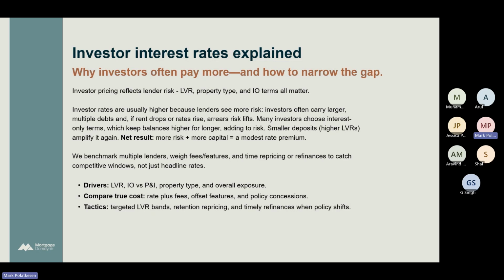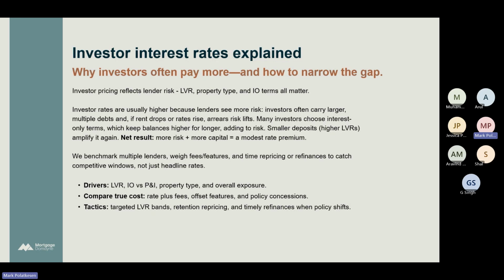Another thing as well is, whilst I spoke about the price discrepancies between home loans, investment loans, and interest-only loans, the banks will always charge you certain rates based on your loan-to-value ratio. So in my experience, a 95% loan is going to be a lot more expensive than a 90% loan. An 80% loan is going to be cheaper again, and then a 70% loan will be even cheaper.